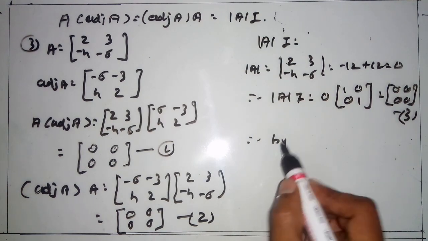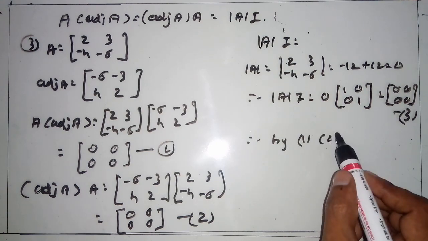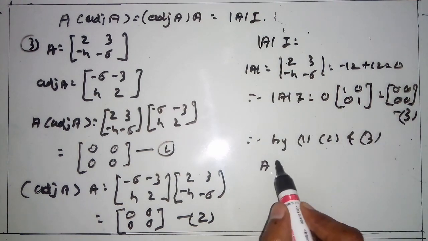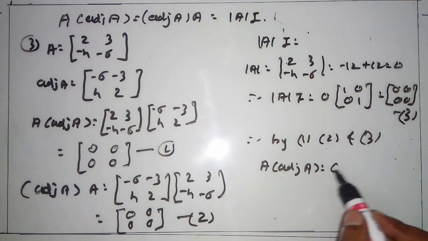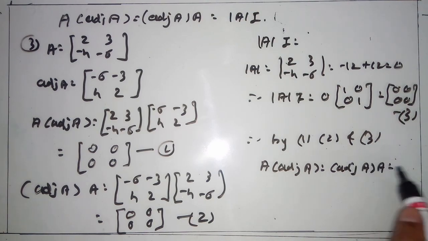Therefore, by first, second, and third, we say that A into adjoint of A is equal to adjoint of A into A is equal to determinant of A into I. Clear this?